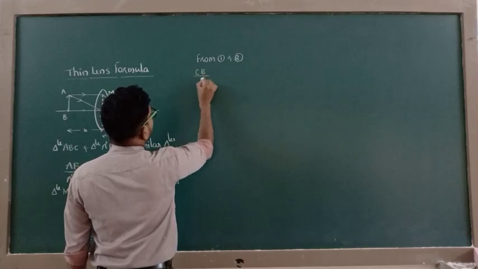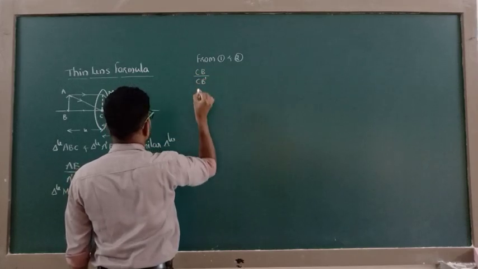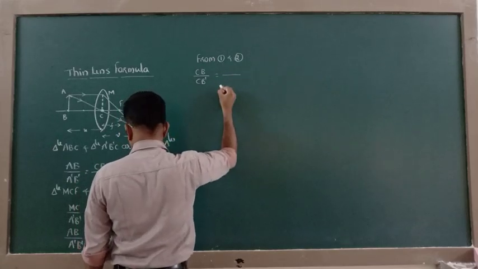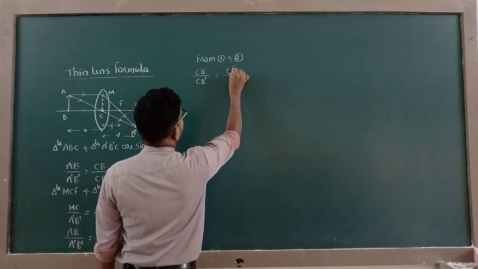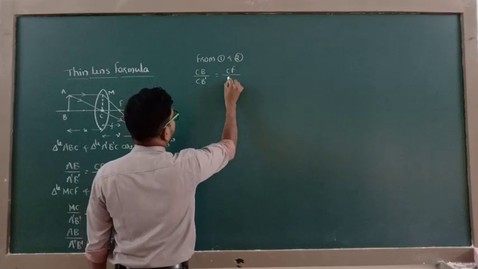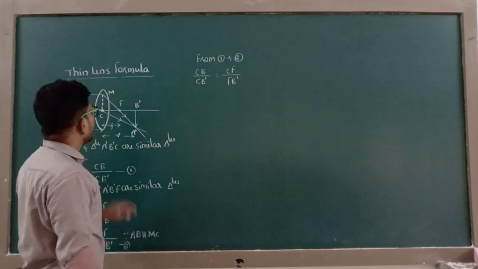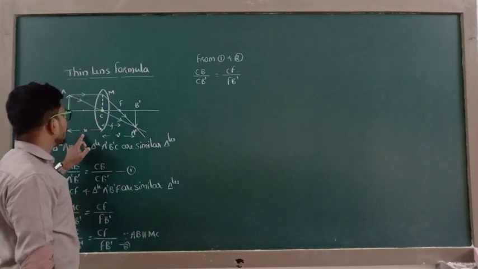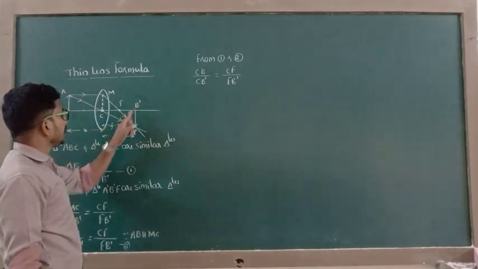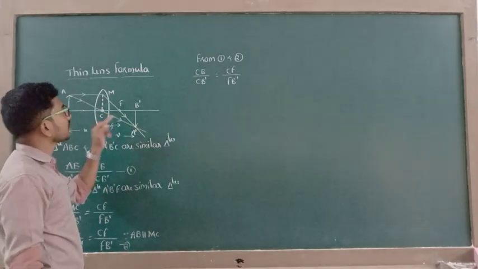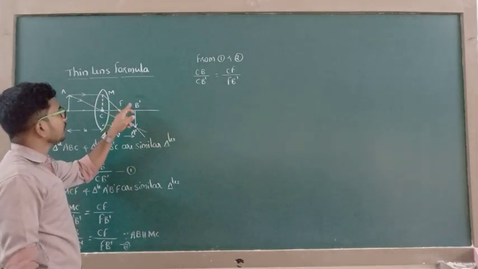So we know that CB is object distance, CB dash is image distance, CF is focal length, but we don't know FB dash.